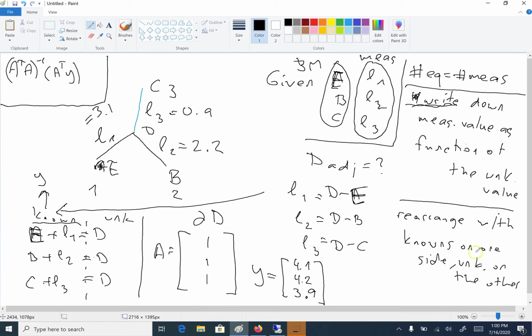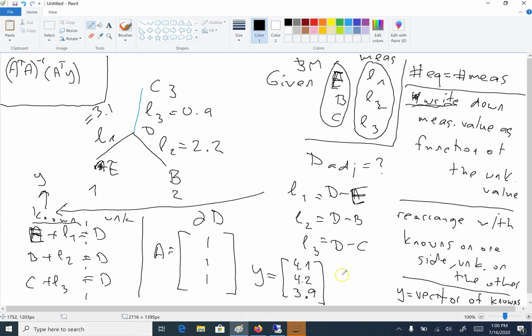So rearrange with knowns on one side, unknowns on the other. Then our Y vector is the vector of the knowns. And then take the partial with respect to the unknowns.